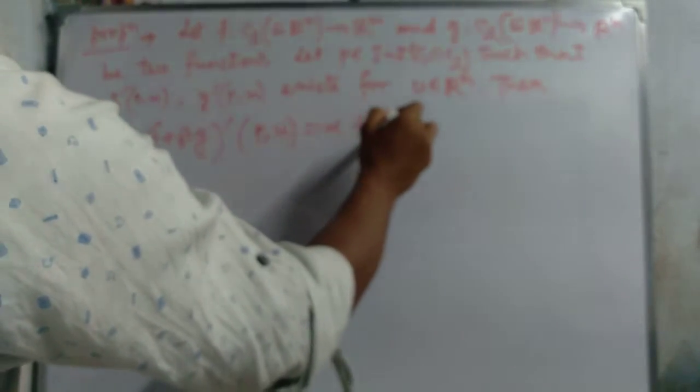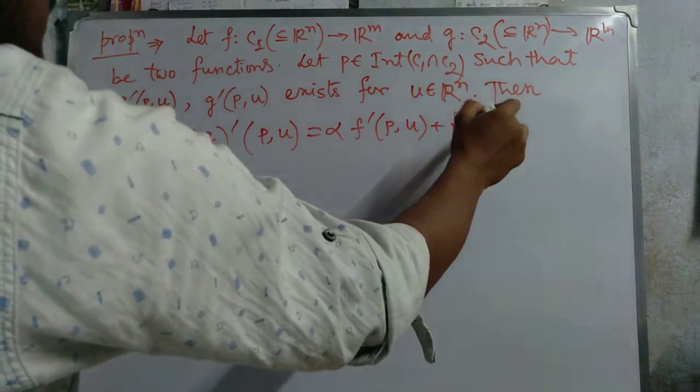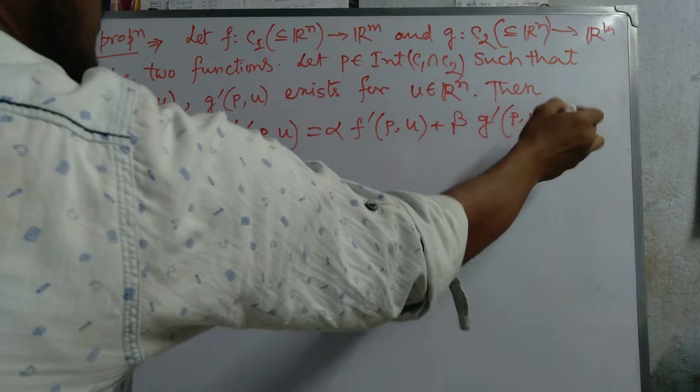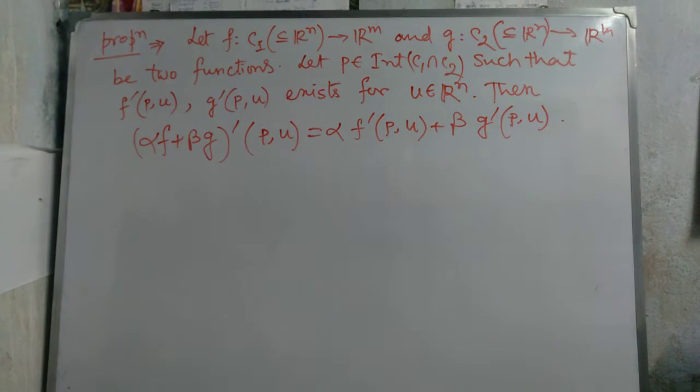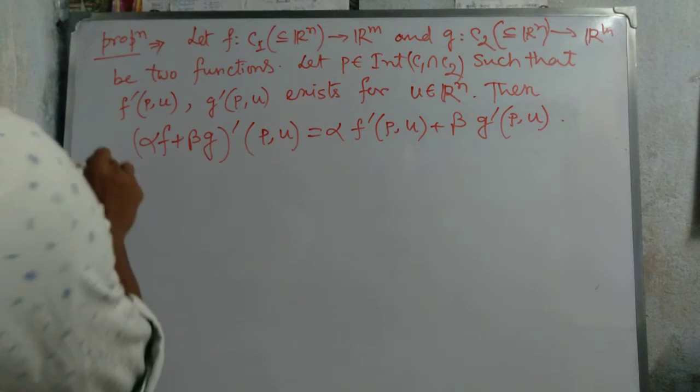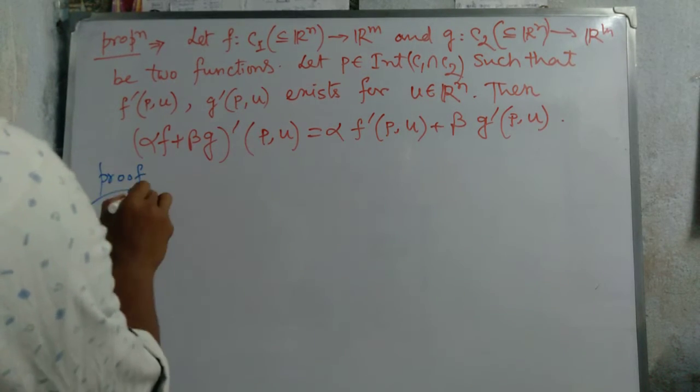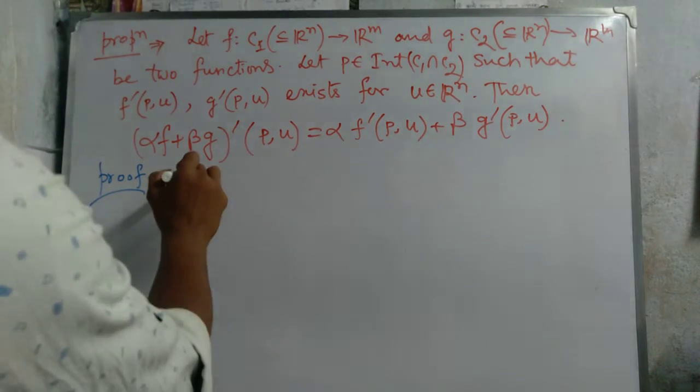Then alpha f plus beta g dash (p, u) equals alpha f dash(p, u) plus beta g dash(p, u). Okay. Then what happened? Then we write the proof of this. Now we write the proof.